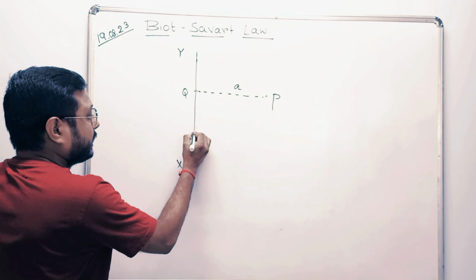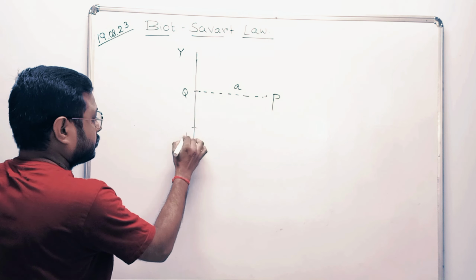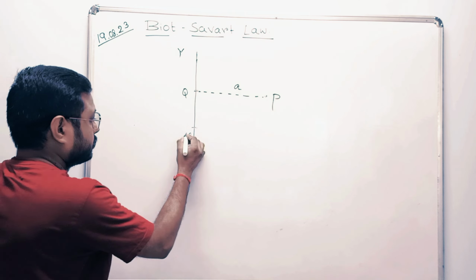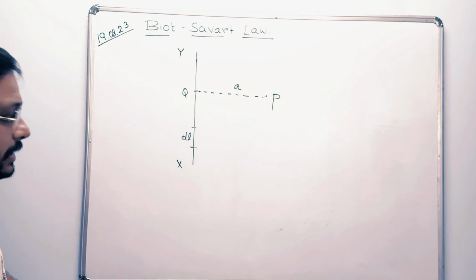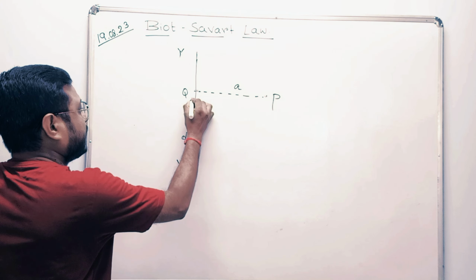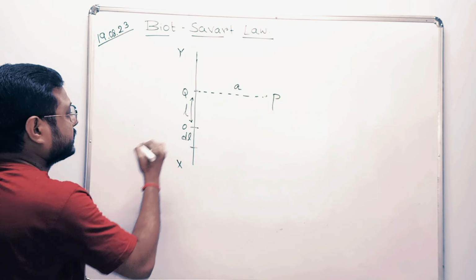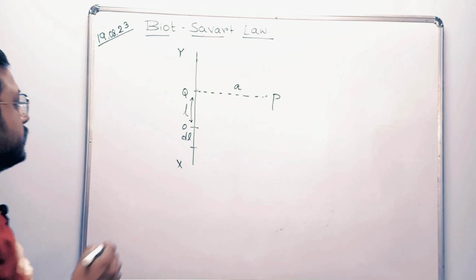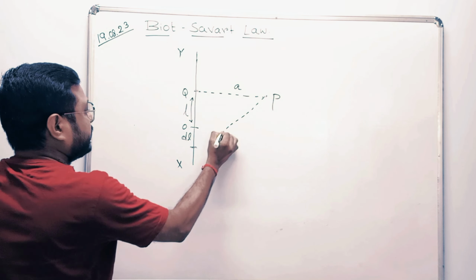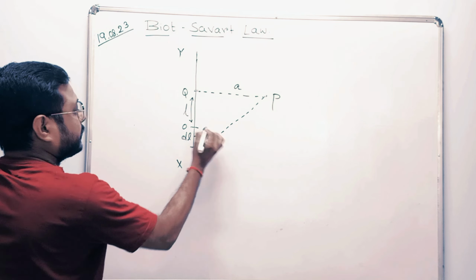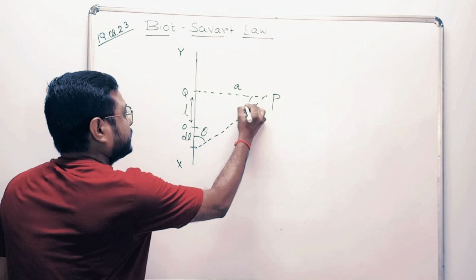Let us consider another segment of length dl, which is at a distance L from the point Q. Suppose this point is considered as O. The angle between the elementary length and the point P is given by theta, and this angle is known as phi.